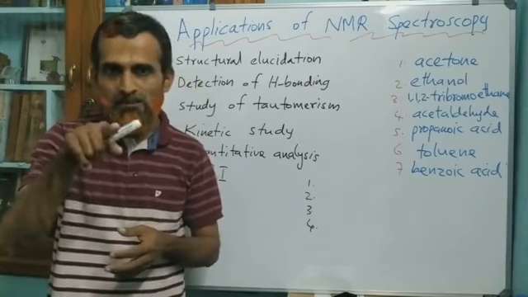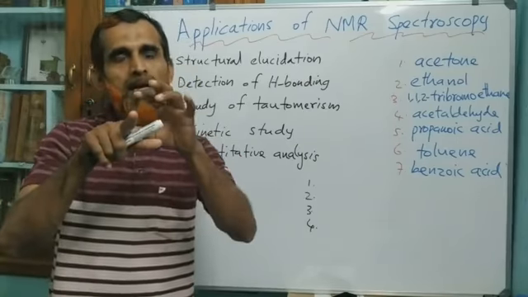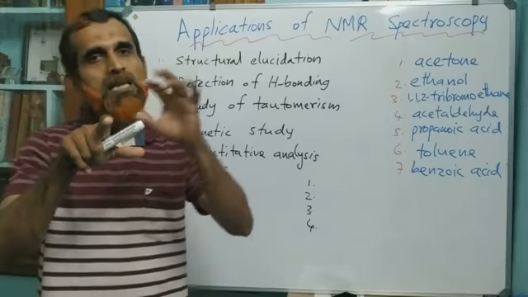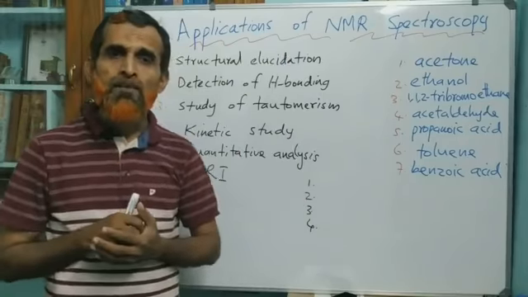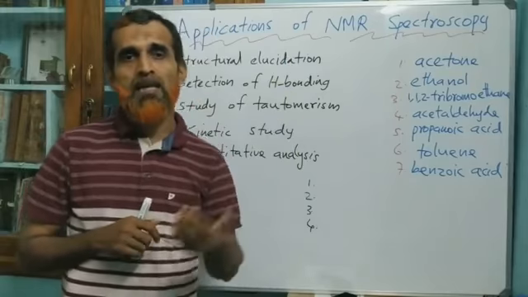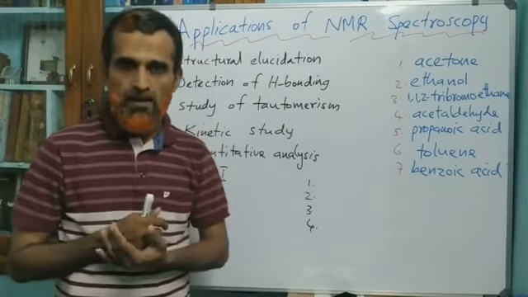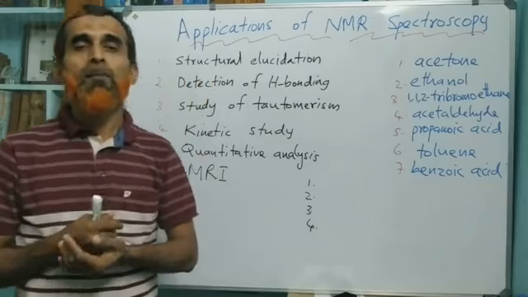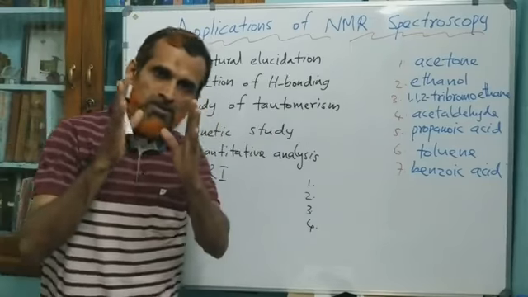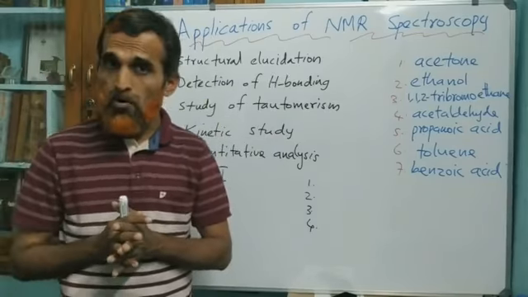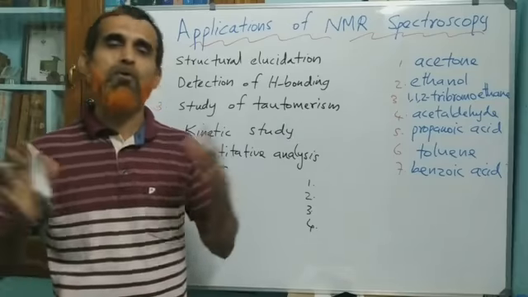Because a signal is split by a given set of neighboring protons. If there are n nearby protons, they will split the signal into n plus 1 lines. So the multiplicity tells you how many neighboring protons there are.